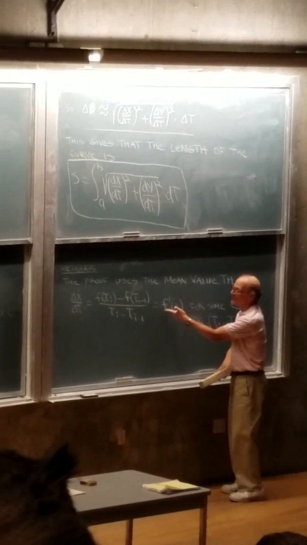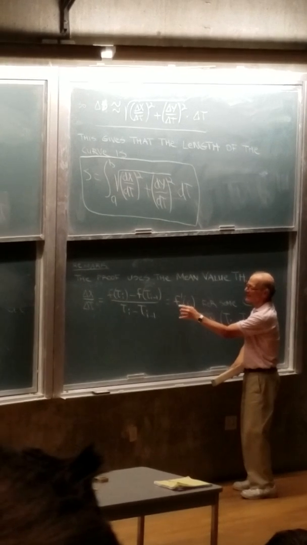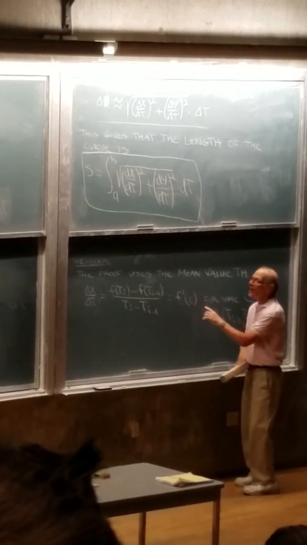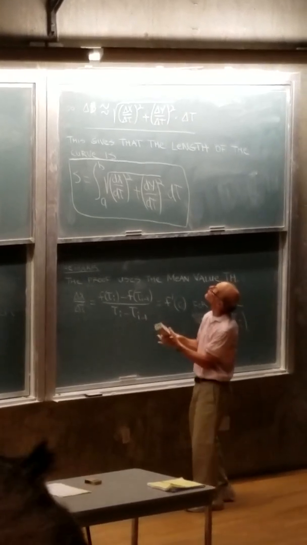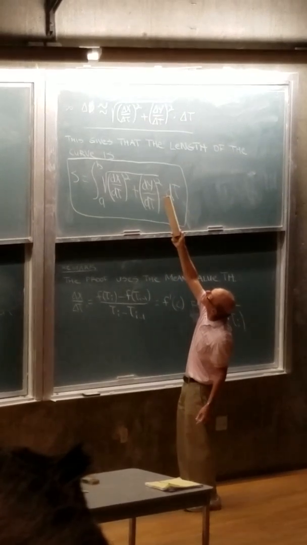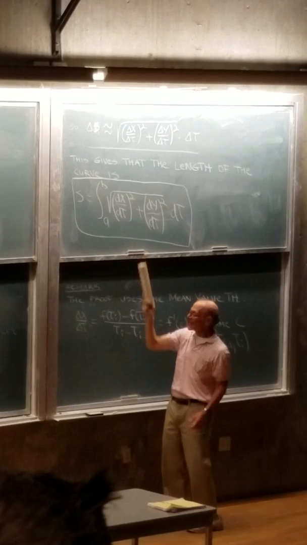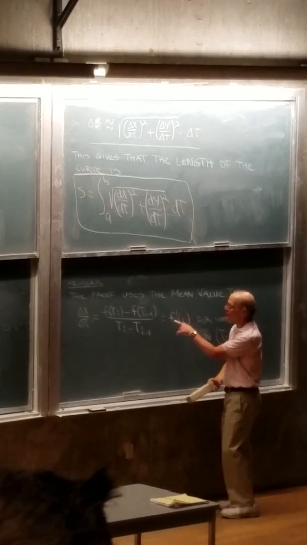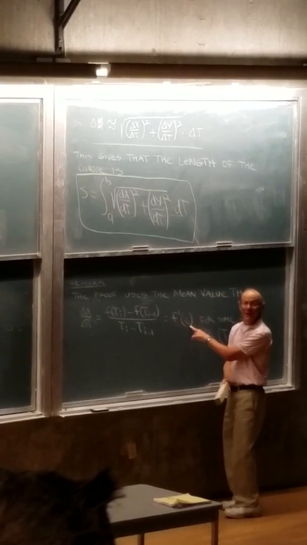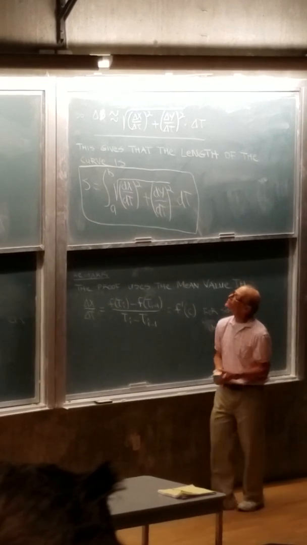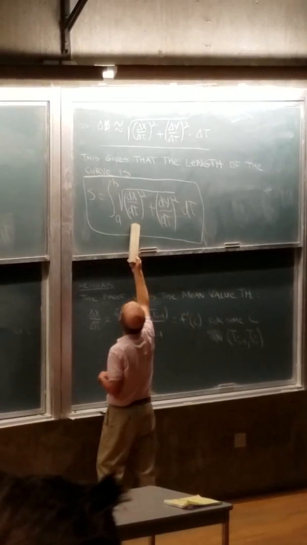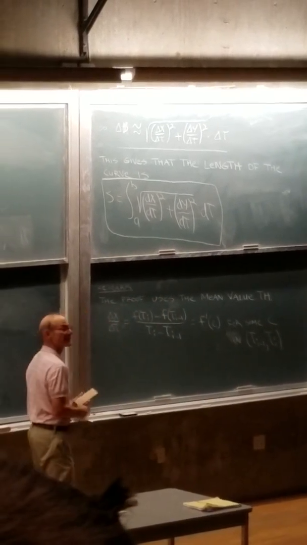Right? x is f of t. So this is the derivative of x with respect to t at some number. So this is sort of the justification for going from delta x over delta t in the approximation to this expression. That delta x over delta t is actually the derivative of x at some number. So that's the idea behind replacing that by a derivative.